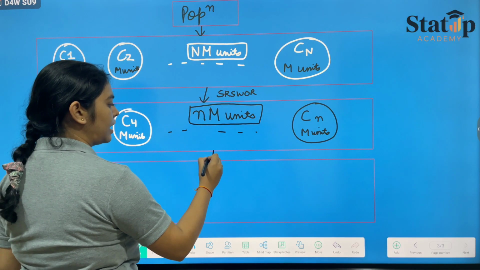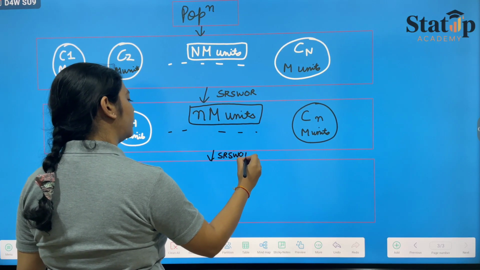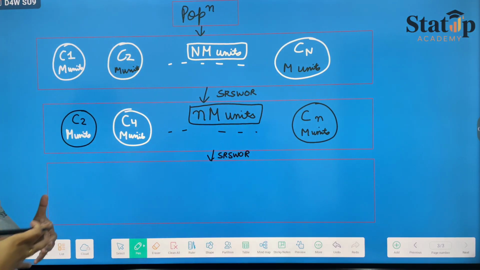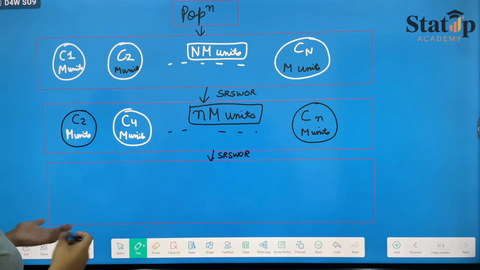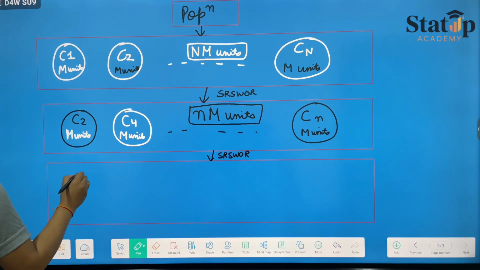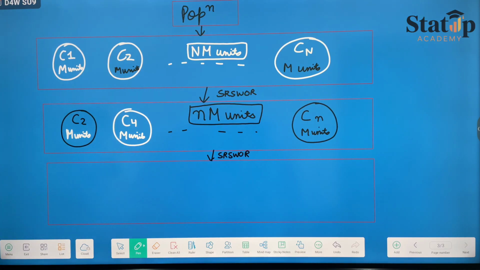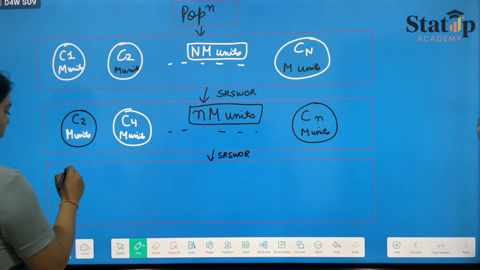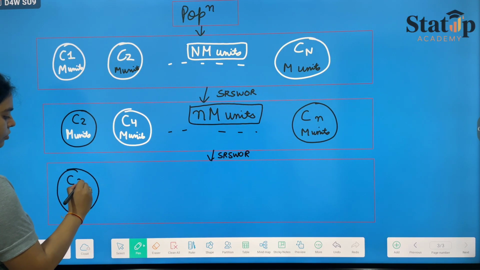Now, by simple random sampling without replacement again, from each cluster we will select some number of units. Suppose from cluster 2, I am selecting small m units.